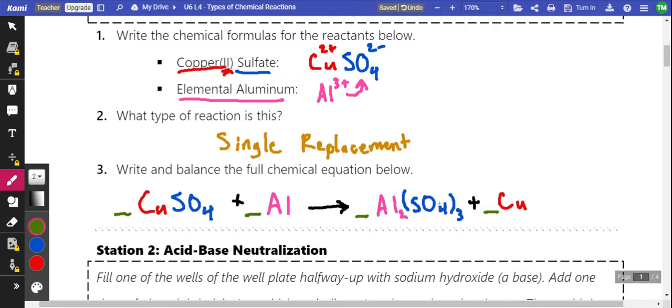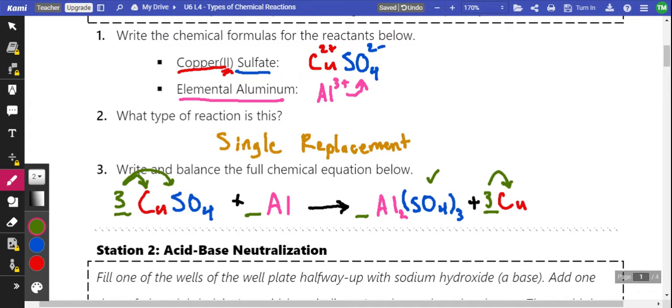So if I had a 3 here, it would mean I have 3 of these SO4s all together. I also have 3 of these coppers now. Okay, so I fixed the number of sulfates. That's good. I kind of messed up the number of coppers, but that's okay. I can fix that too. If I have 3 coppers on the left now, to match that, I need 3 coppers on the right. So I can balance that too.